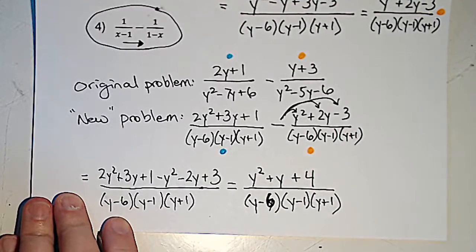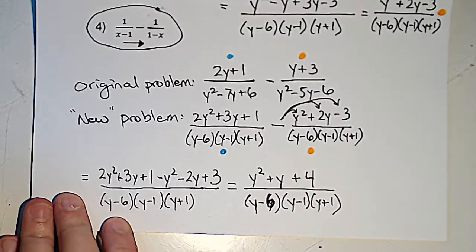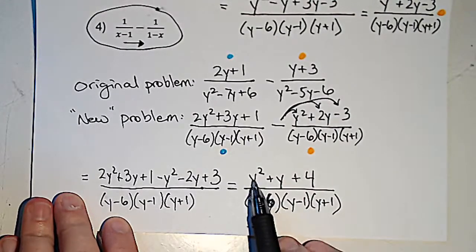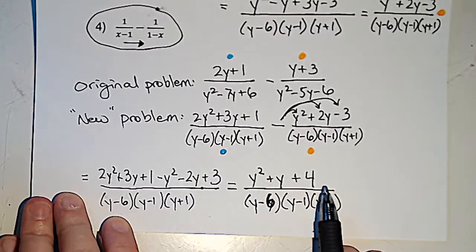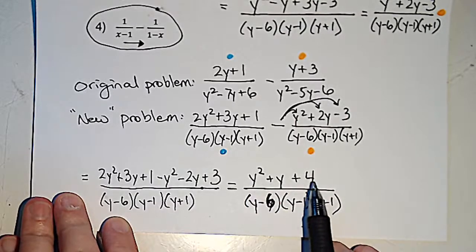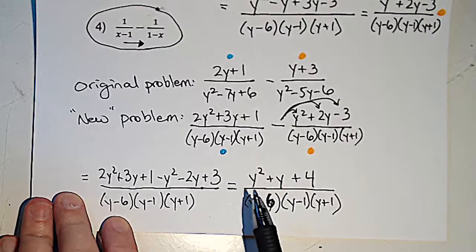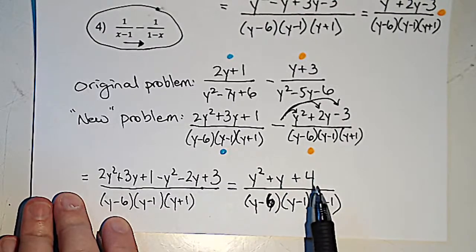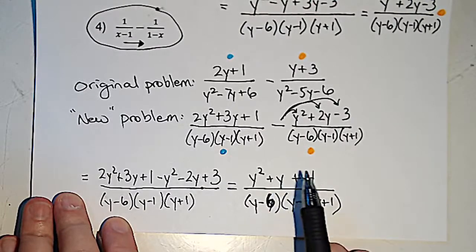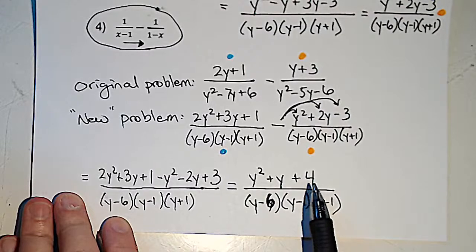Now, I'm going to tell you something that you don't know yet, but you will know soon, and that is that this guy cannot be factored. It has to do with something called the quadratic formula, and those of you who know it, there's something called the discriminant inside it. 1 squared minus 4ac ends up being a negative number, which means this does not factor.